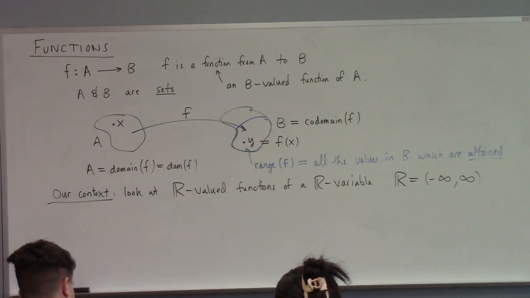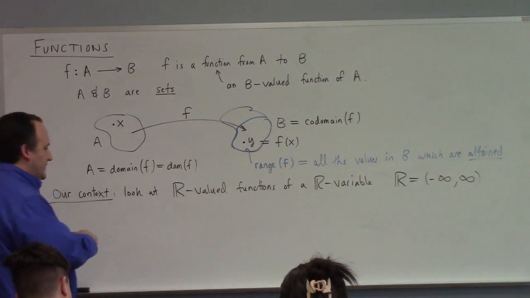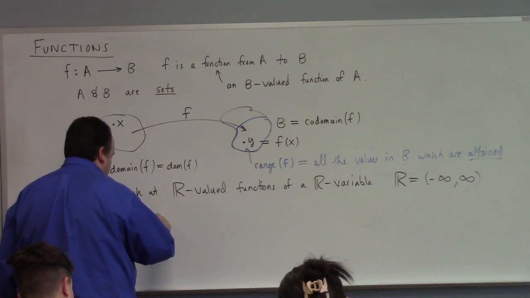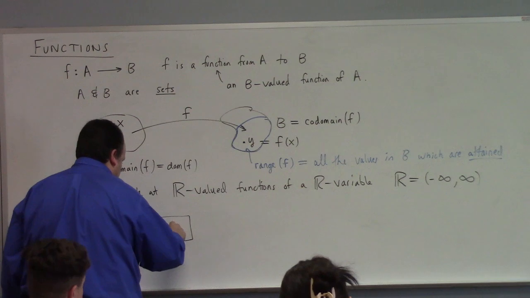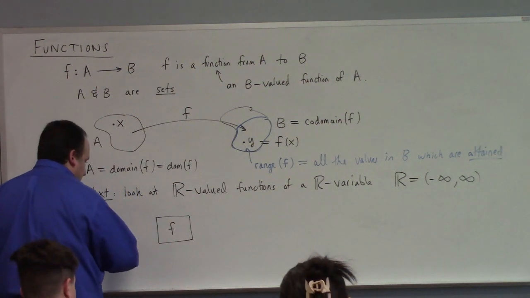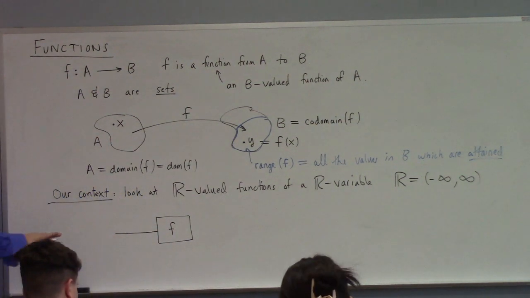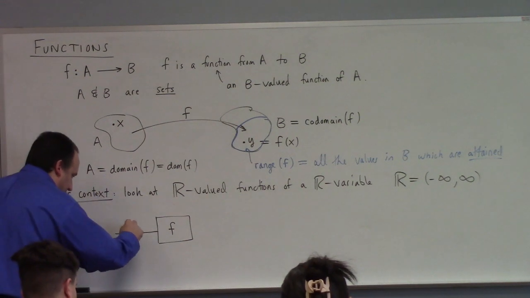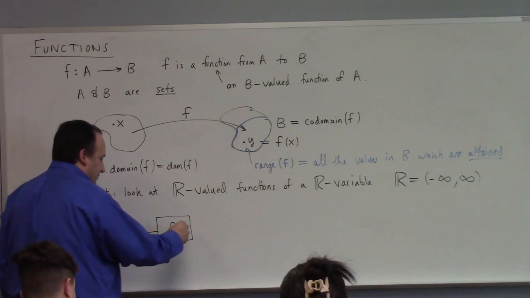So how can we define a function? I also like to think about this picture. I think of the function as like a machine, right? Here's f. You feed it an x, x goes in, and what comes out?